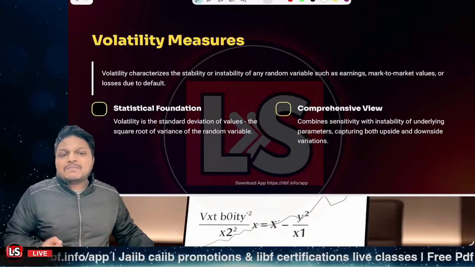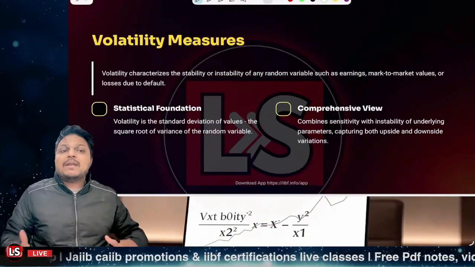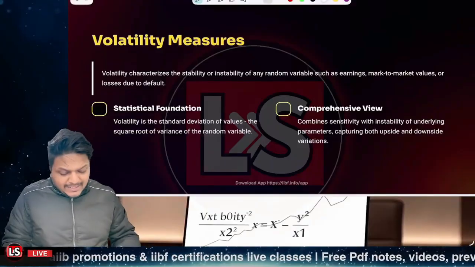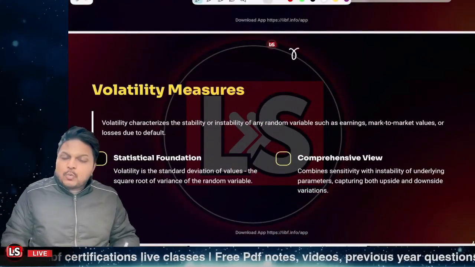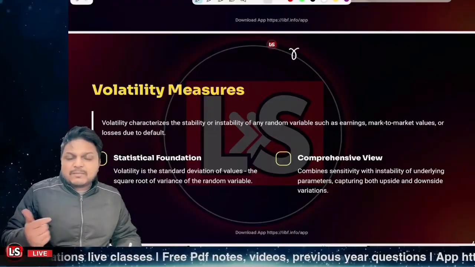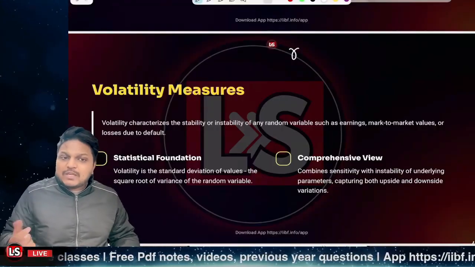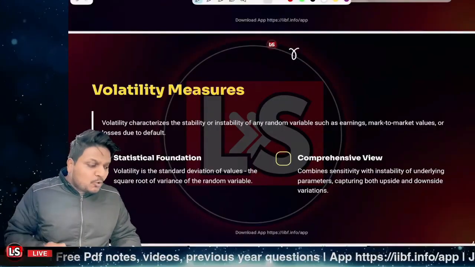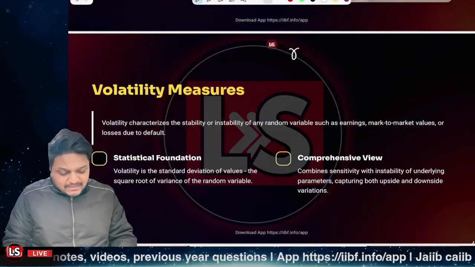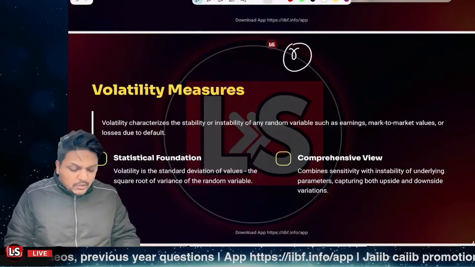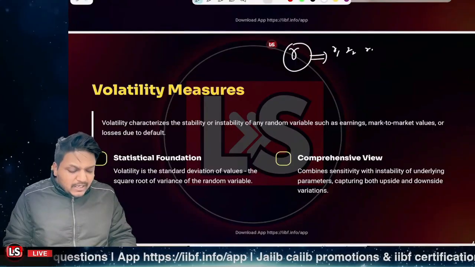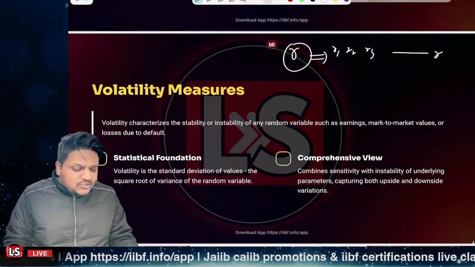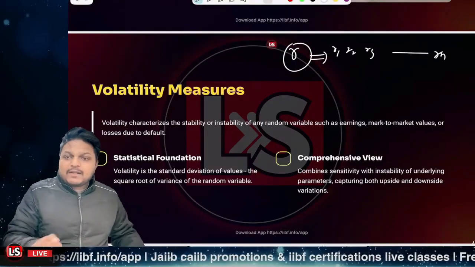Now volatility is basically related to the stability or instability of a random variable. Let's say we have a random variable r. Whenever we measure the particular exposure at different instances, it has different values. This random variable changes values like r1, r2, r3, r4, up to rn at different time instances.